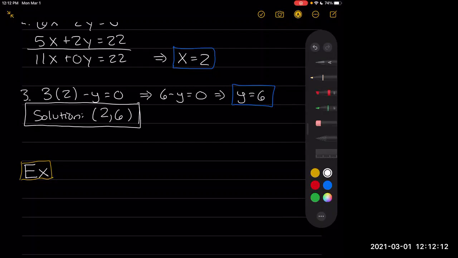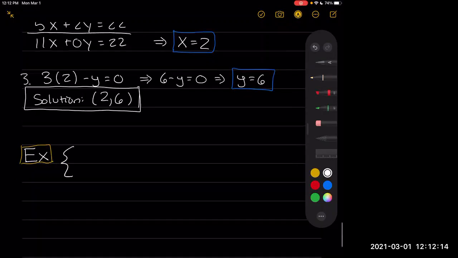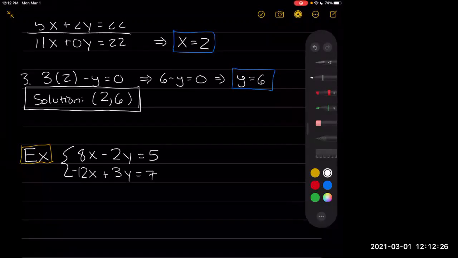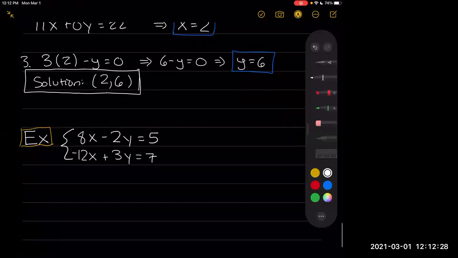Okay, so here for our next example, we're going to look at the set 8x minus 2y equals 5 and negative 12x plus 3y equals 7. So here I'm going to just use elimination.